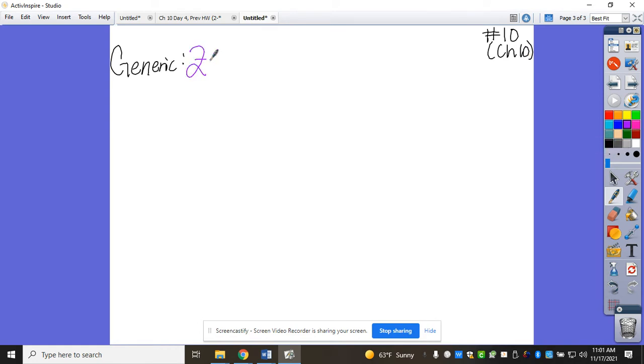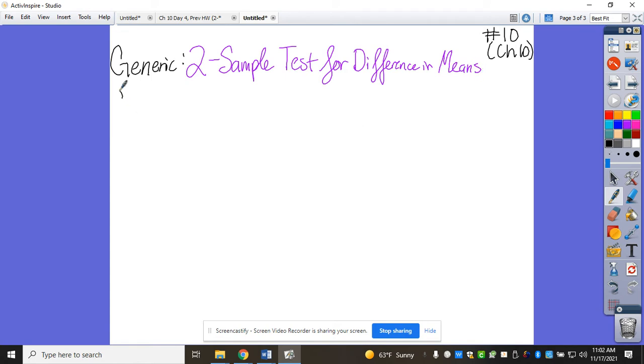So this is a 2-sample test for difference in means. And because we're not even dealing with pooled or anything, I really shouldn't need to tell you anything to write on this paper, and you can do the whole thing yourself.